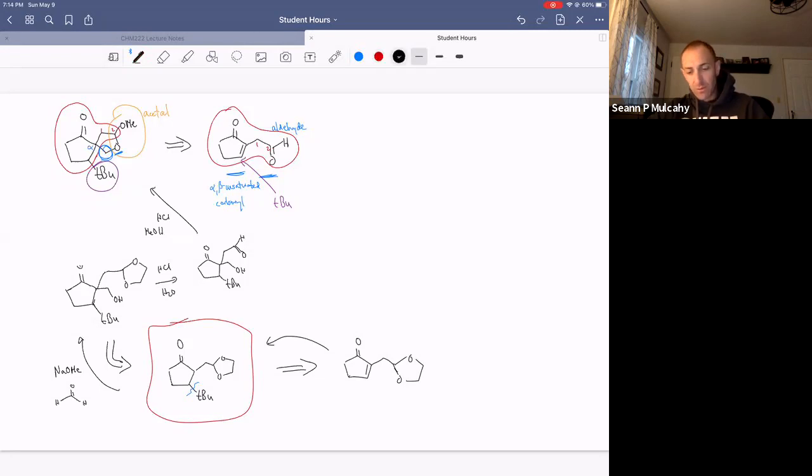What reagents would you use? How do you form a carbon-carbon bond at the beta position if your group that you want to add is a tert-butyl group?